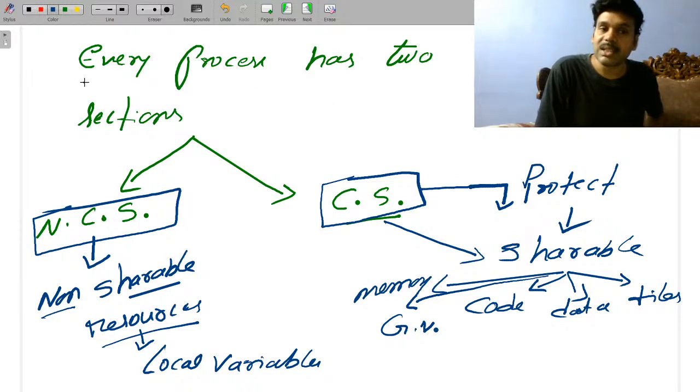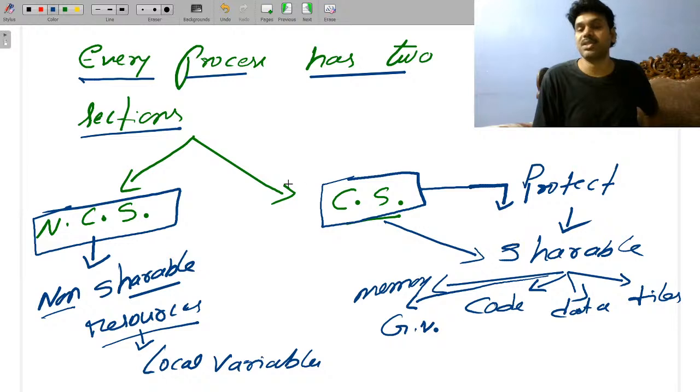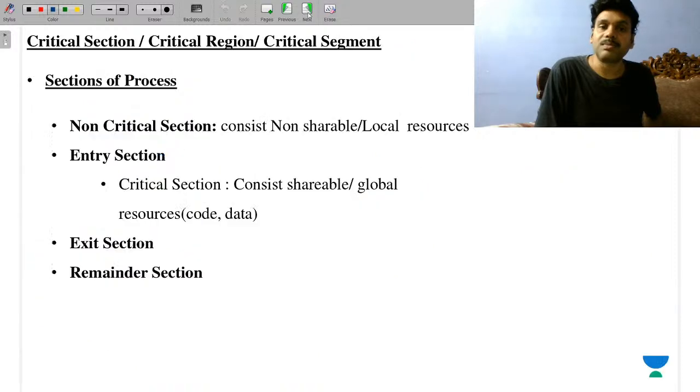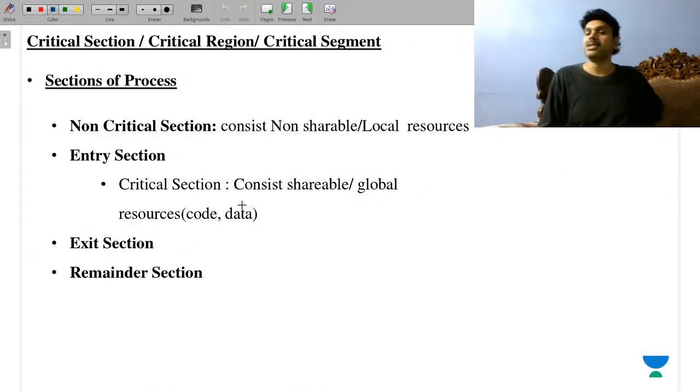So please understand, every process runs with two kinds of sections. It runs in non-critical mode, and one is run in critical mode. Critical mode is trying to protect your sensitive data. The sensitive data is nothing but shareable resources only. If you do not protect this, it will cause big damage to your system or database.